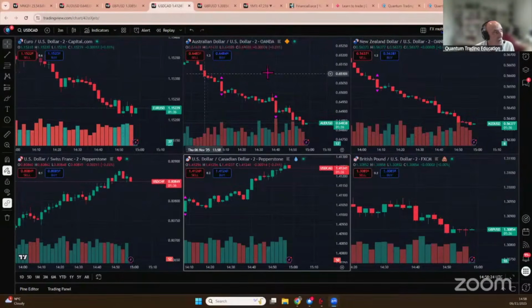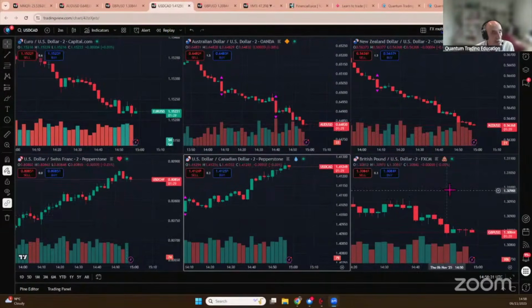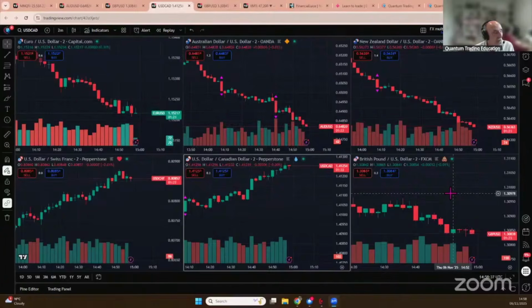We've got euro dollar, Aussie dollar, and New Zealand dollar on the top line, and we've got dollar Swiss, dollar CAD, and pound dollar on the bottom line. And what this gives you is several things. First of all, it gives you a very, very clear view on the dollar.